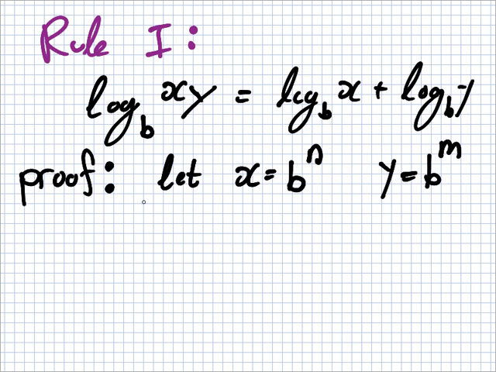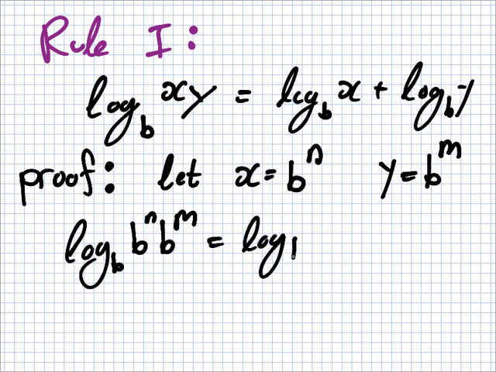Anyways, log b of xy, so I just replaced x and y. X and y get replaced with these two b's here. That's equal to log b of b to the n plus m.